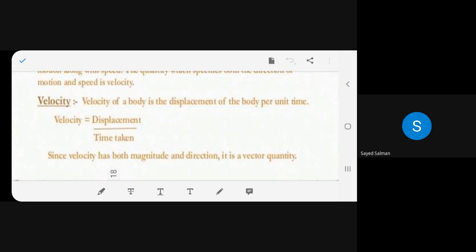Since velocity has both magnitude and direction, it is a vector quantity. It is not distance, remember. Velocity is displacement upon time taken. So you have to learn all these formulae. First you have to understand and learn all of them.